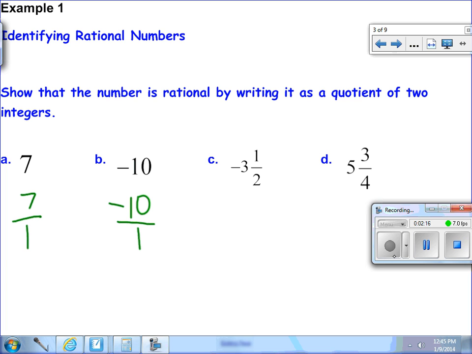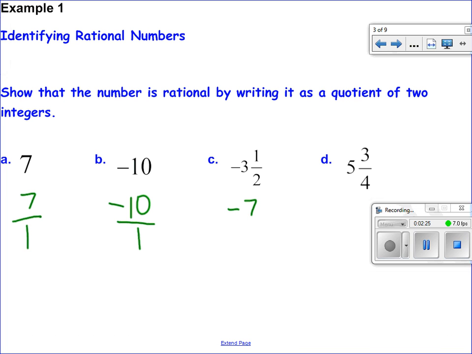C, we have the opposite of 3.5, or -3.5. So in C would be -7 over 2. Now, that fraction is a negative number. You can assign the negative sign to either the numerator or denominator. So it will be the same as -7 over 2.